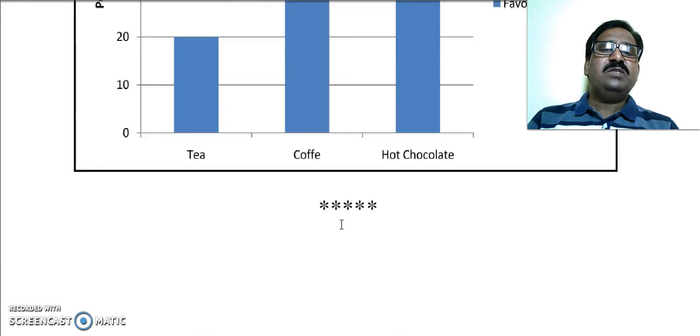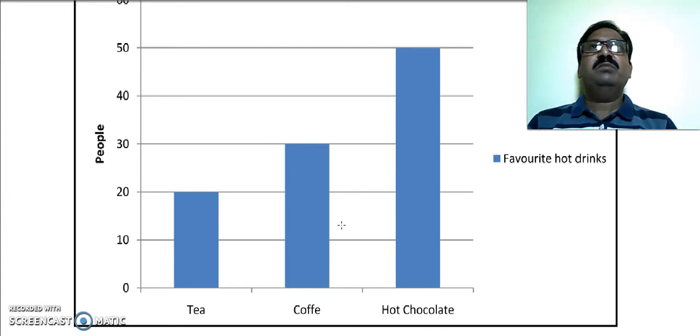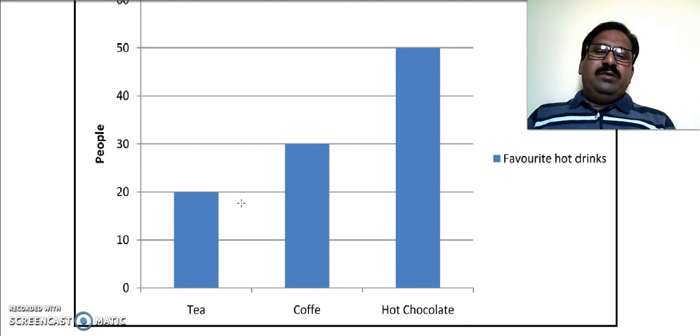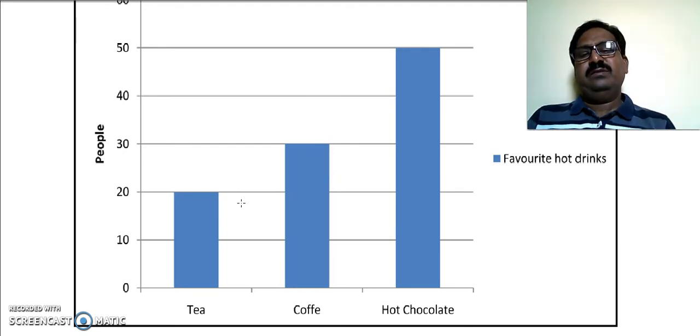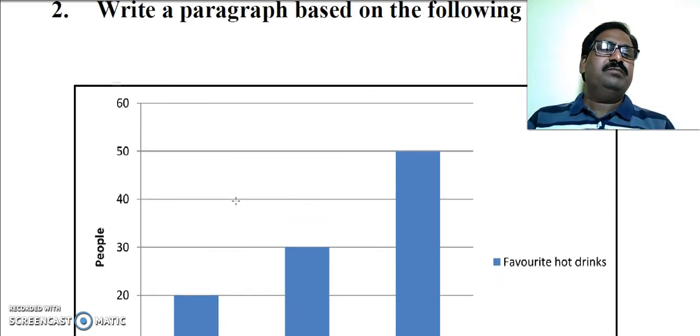So in this way we have discussed in this particular module information transfer and interpretation of data. First of all, we discussed the tree diagram, then we also discussed the table, then pie chart, flow chart, bar diagram, line graph.